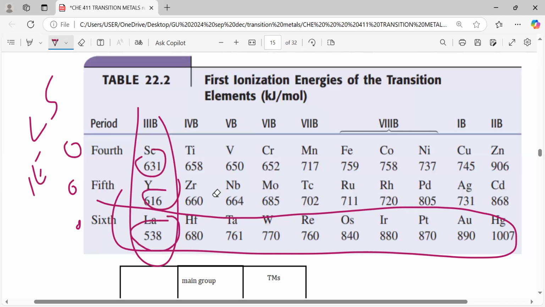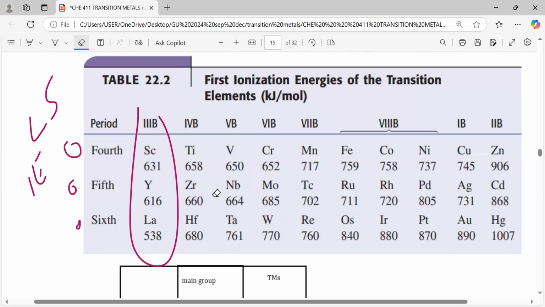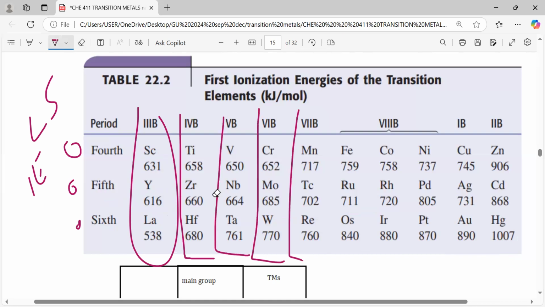For this one, it's a bit tricky. Here we don't see the trend so much. We see the trend clearly after here. After the first, here we see the trend. The ionization energy is increasing down the group. The same story there, the same story here, the same story here.